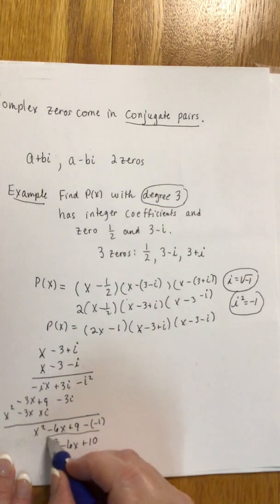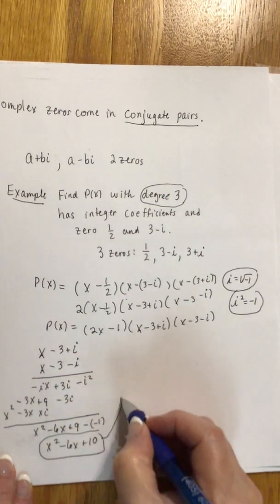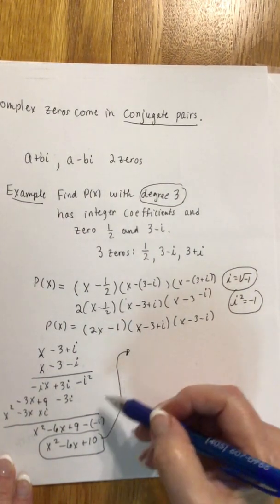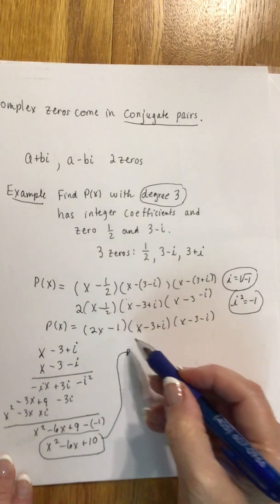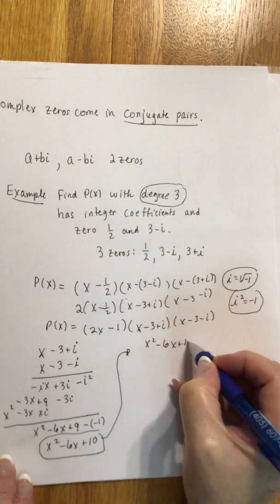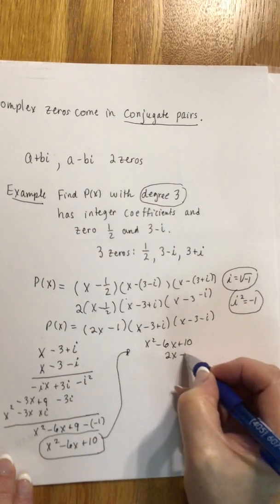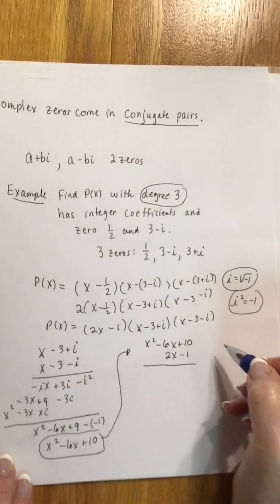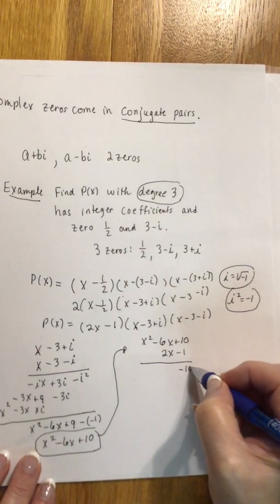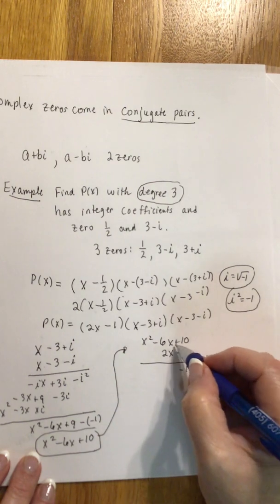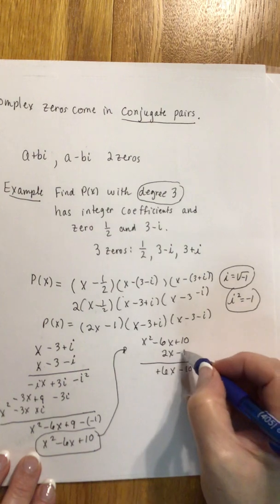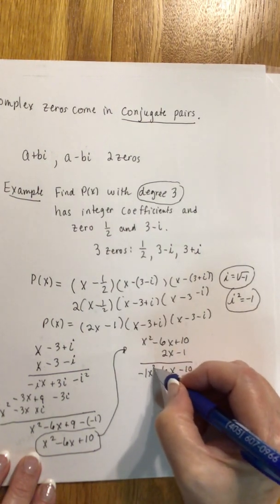So now we're going to take this piece and bring it up here and do what with it? We've already multiplied these two, but now we have to take this times my 2x minus 1. So I've got x squared minus 6x plus 10, 2x minus 1 underneath. So I get negative 10, and then the next one gives me a positive 6x, and the negative 1x squared.